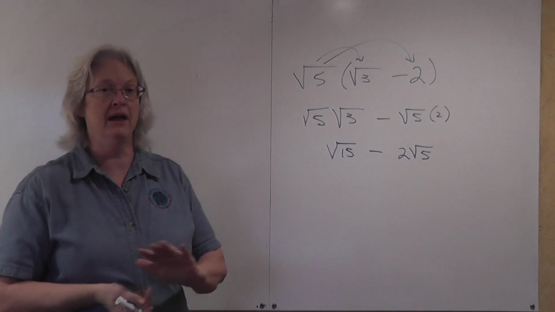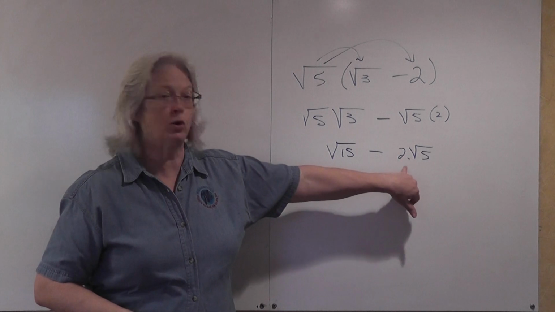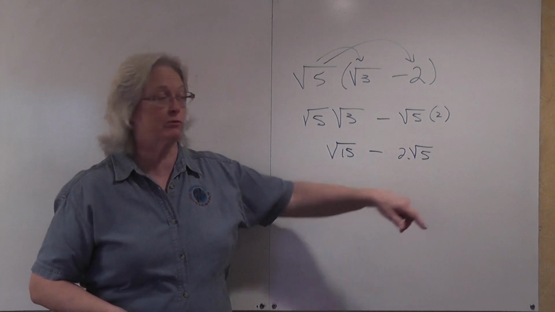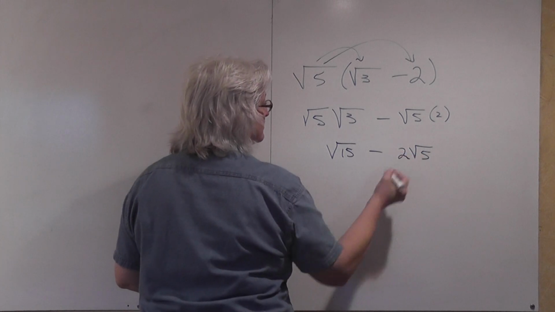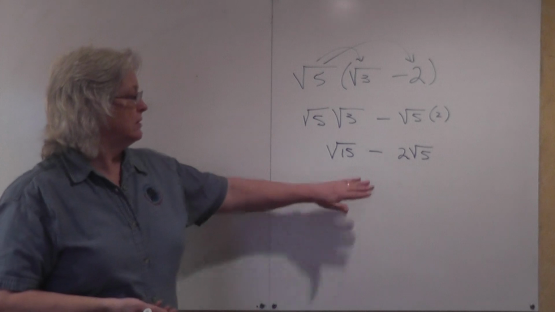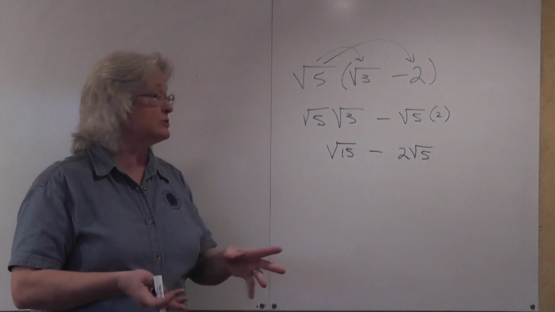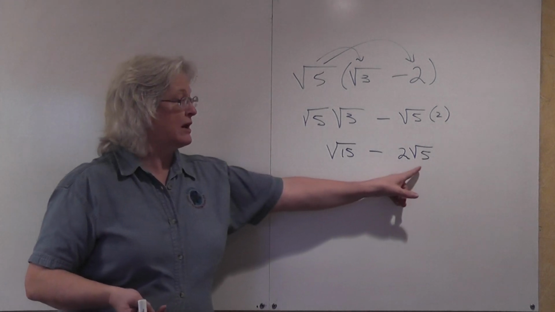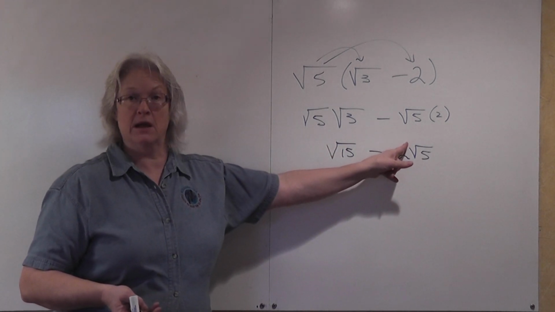When you have a radical like this, put your whole number portion in front of the radical. So we have 2 times the square root of 5. Now what we need to do is combine like terms. How do you determine whether or not you have like terms when you have radicals? Well, the number underneath the radicand has to be the same, and the index has to be the same.